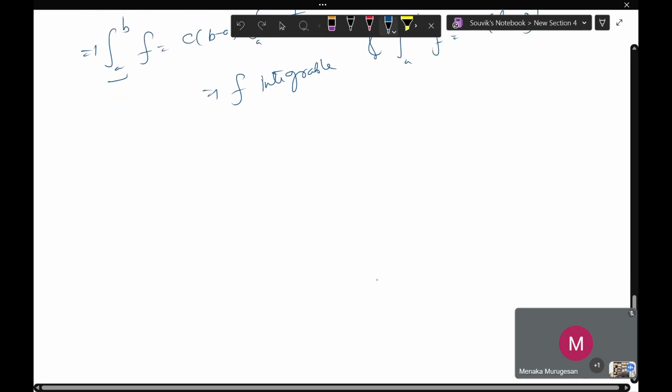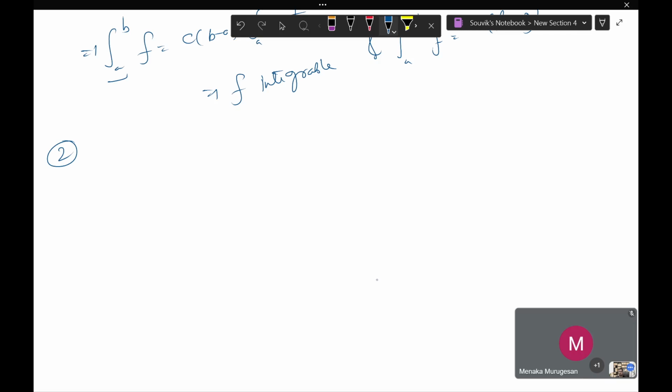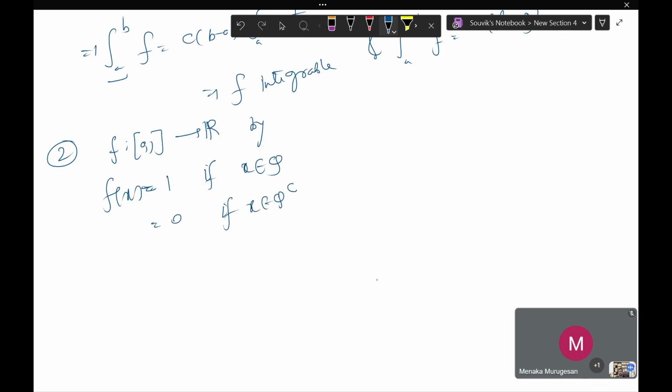So now consider the following problem. The function f defined on [0,1] to R, defined by f(x) is equal to 1 if x is a rational number and equal to 0 if x is irrational.